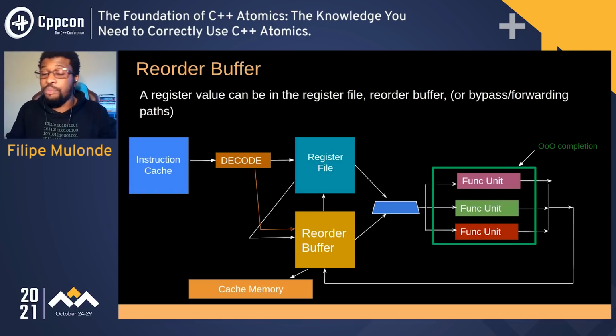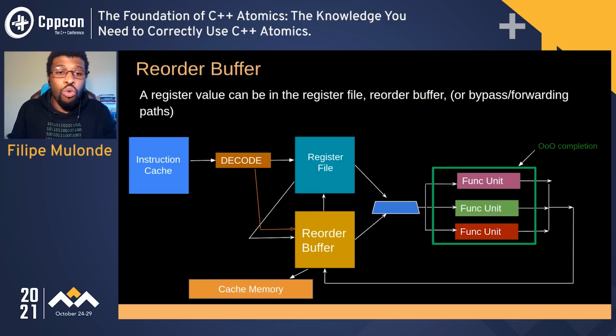So here we have another picture of the reorder buffer. We fetch an instruction, and after that, we move that instruction into the decode stage. At the decode stage, we allocate an entry for that instruction in the reorder buffer in order to provide precise exceptions. After that, we perform register renaming to eliminate anti and output dependencies.